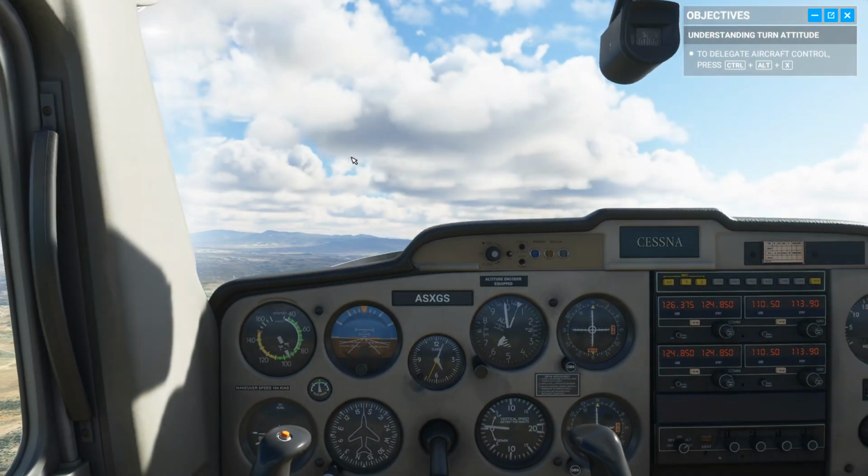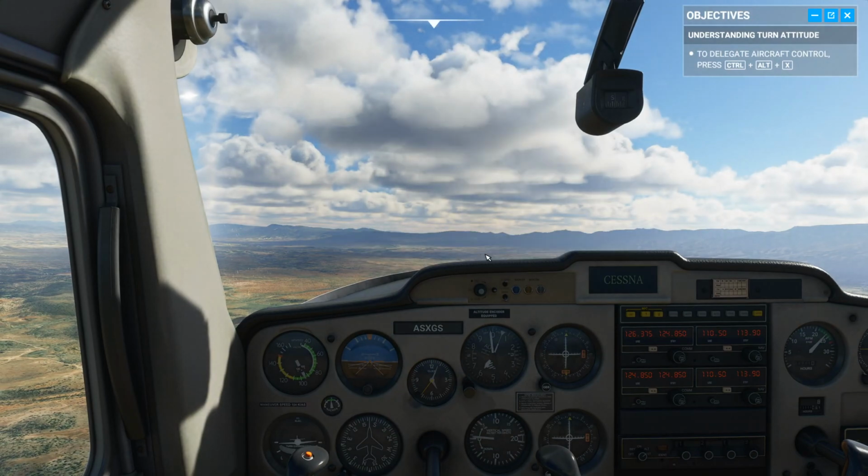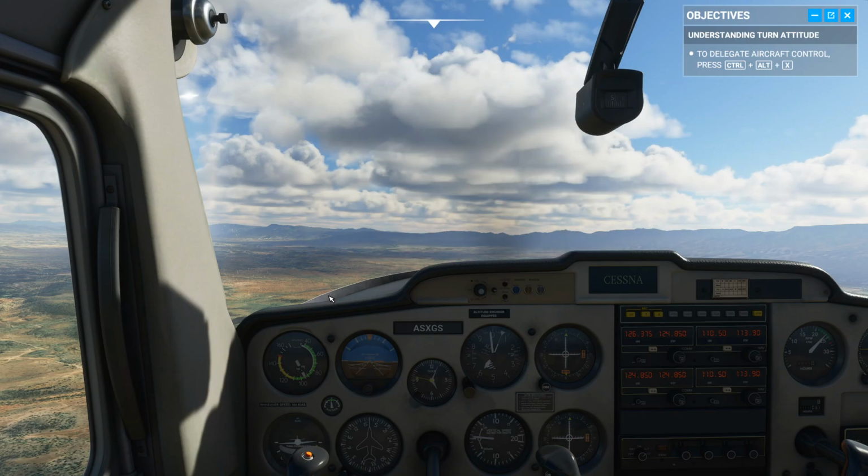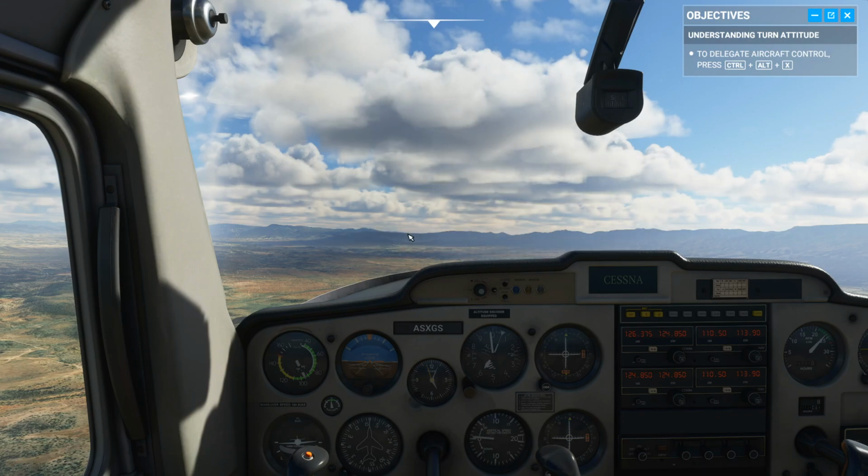What I want to teach you guys, let's just do a turn to the right this time, and then find something on the dashboard and compare it to the horizon line. I know for a fact, because I did this before, that when we're at 30 degrees bank, and this is more or less parallel or touching the horizon, we're maintaining straight and level.